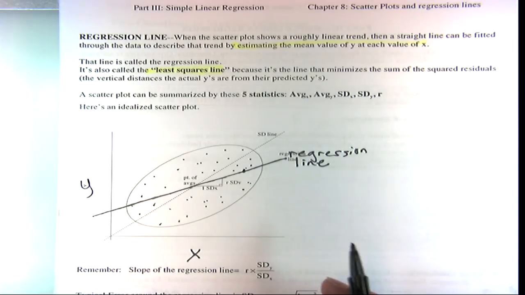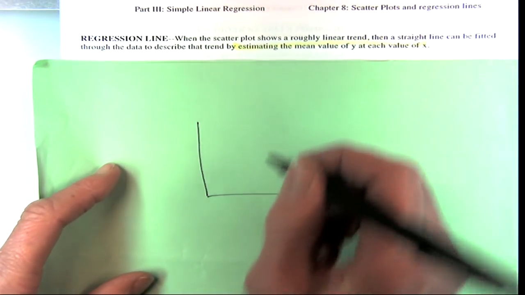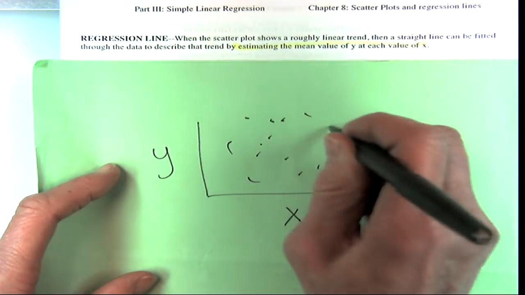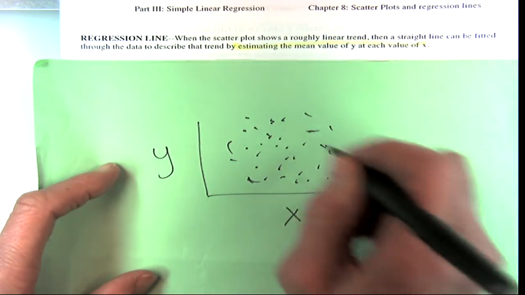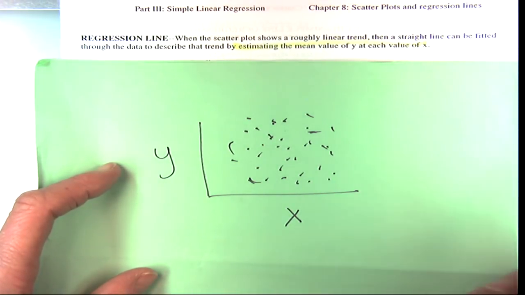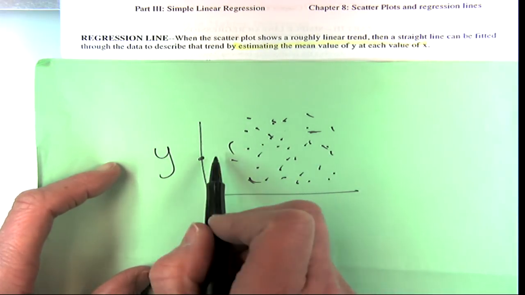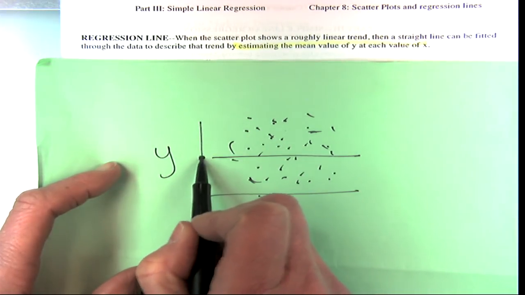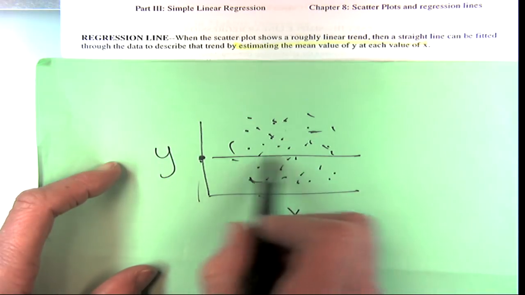If there's no correlation at all, so if knowing X tells you nothing about Y and you just have random scatter like that, well then the correlation is 0. And your best prediction would just be, let's say the average of X was right there and the average of Y was right there, then no matter what value of X you were at, we'd predict the average.